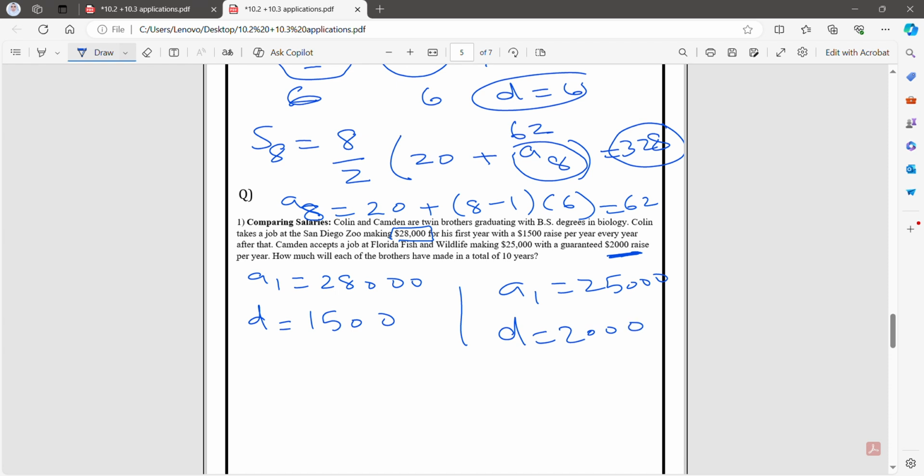And we need to find how much will each brother have made in a total of 10 years? Total means we need to find the sum, but for each brother separately.